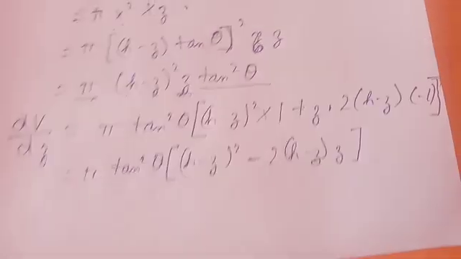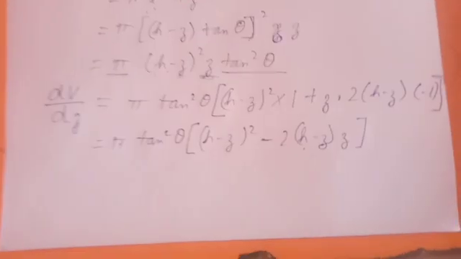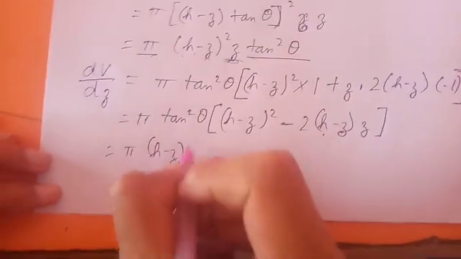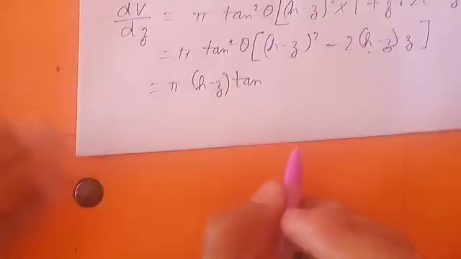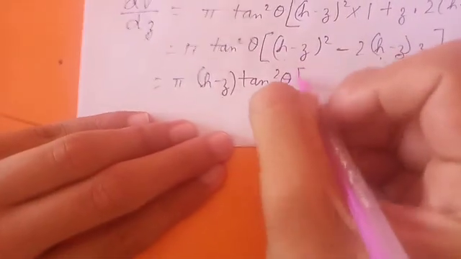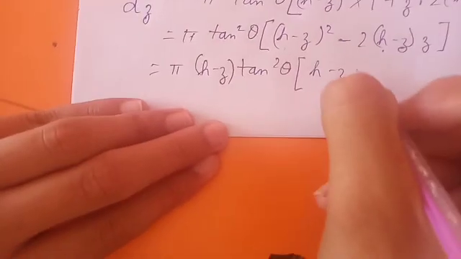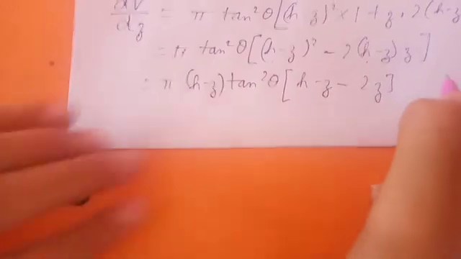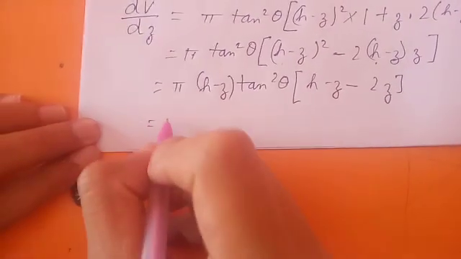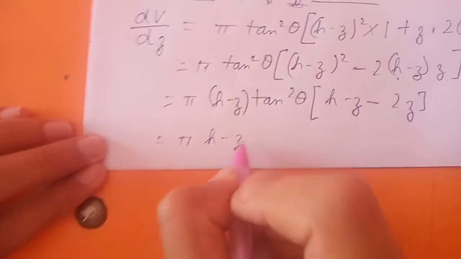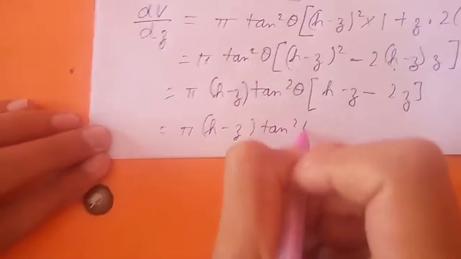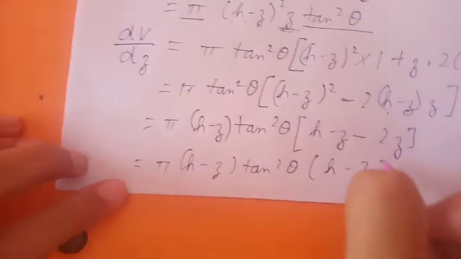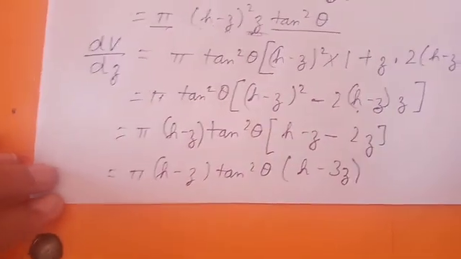Now next step, we can take (h minus z) common, so we get pi (h minus z) tangent square theta, and here we get (h minus z) minus 2z. So at last we get pi (h minus z) into tangent square theta into (h minus 3z). Okay, it is the differentiation of our volume.